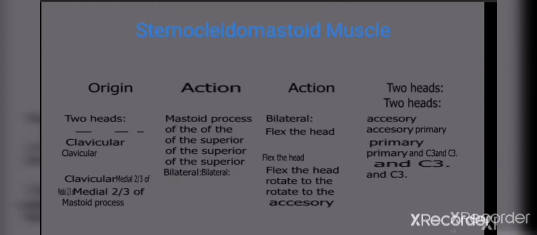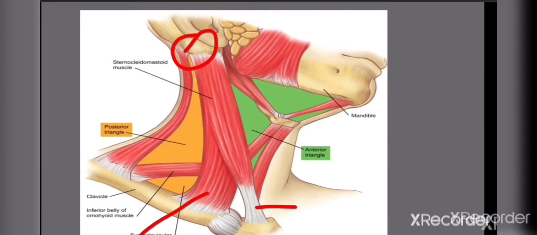So these are the sternocleidomastoid muscle attachments. It has two heads, the clavicular head and the sternal head. The sternal head arises from the manubrium, and the clavicular head arises from the medial two-thirds of the anterior surface of the clavicle, and the insertion is on the mastoid process.